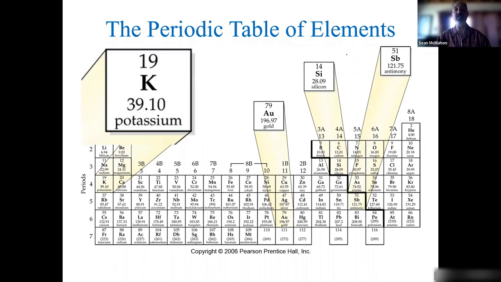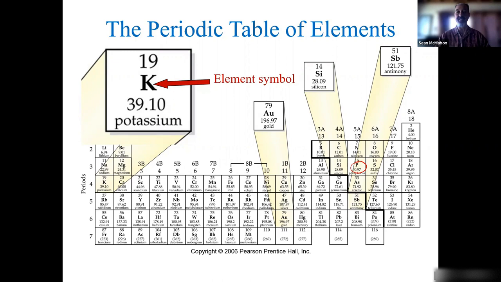So here's a little more of a detailed periodic table. And what I notice is there's my symbol. It's potassium. The name derived from the Latin name of kalium. So that's why it's K. P is phosphorus, okay? There's two numbers, okay?